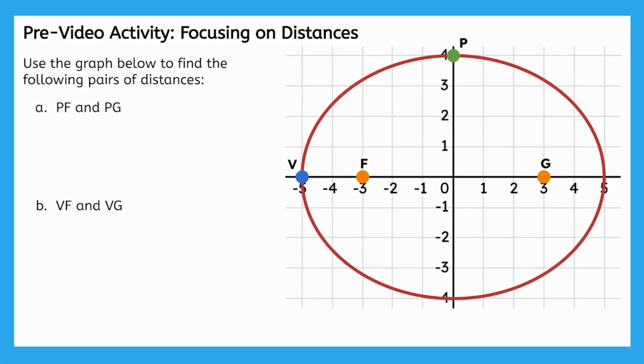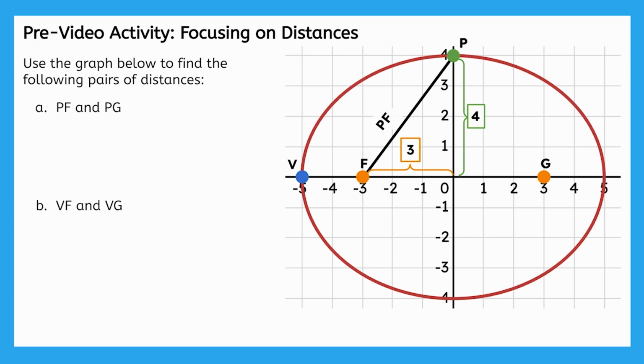Now let's look over the questions in the pre-video activity. To find PF, we can draw a segment connecting P and F and then find its length using the distance formula. However, in this case, I find it easier to visualize PF as the hypotenuse of a right triangle with legs 3 and 4 units long.